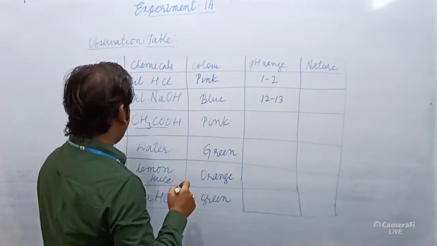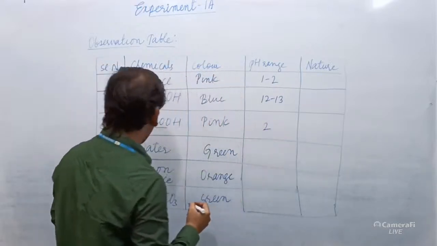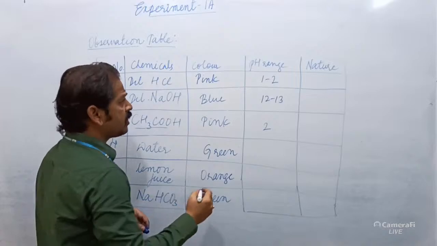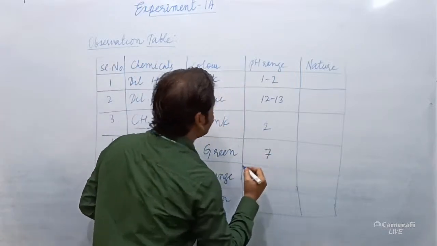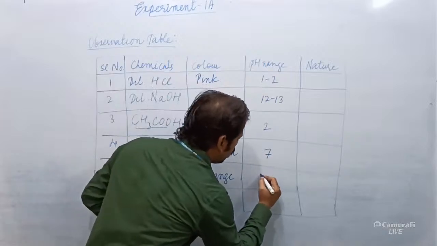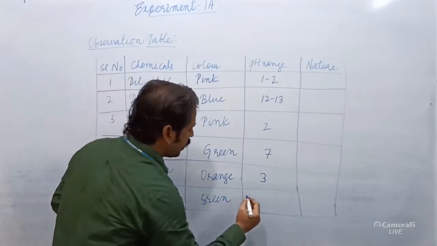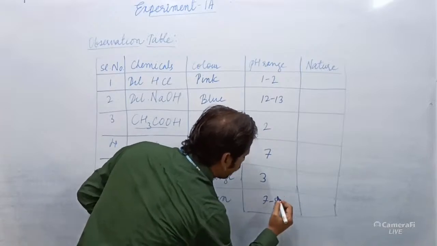Pink color is also in the range of 2. Water, its pH is 7. Lemon juice is orange, it is about 3. And sodium bicarbonate is 7 to 8.